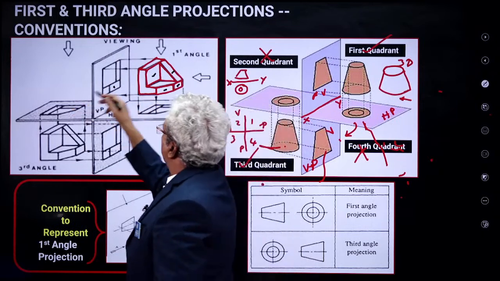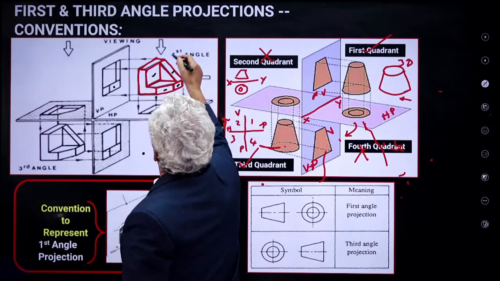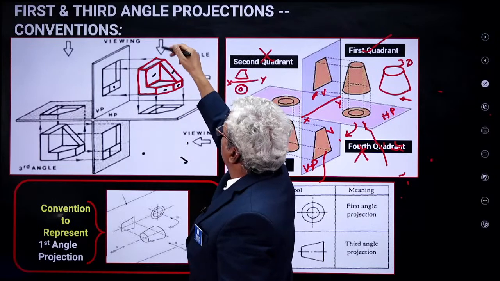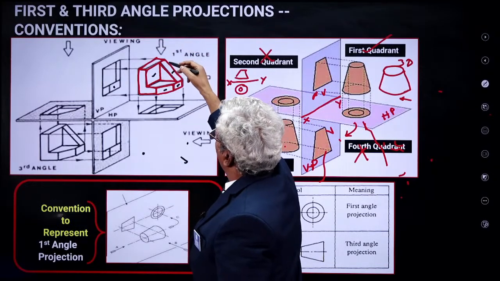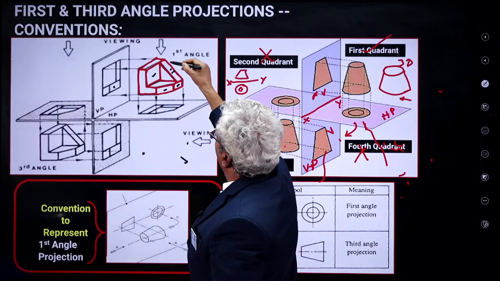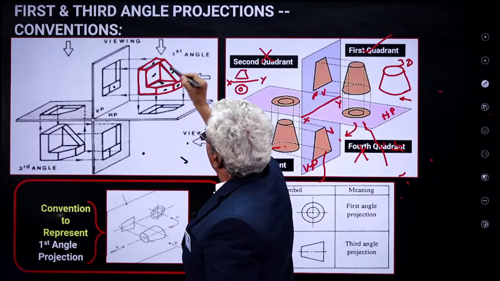In a similar manner, you can also take the top view, seeing from the top. If you look from the top, what are the surfaces you can see? Yes, this you can see. Only this you can see.